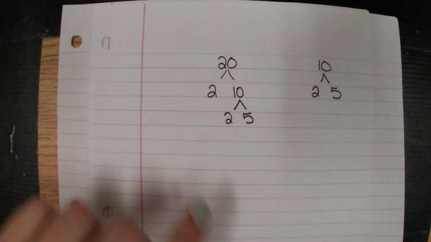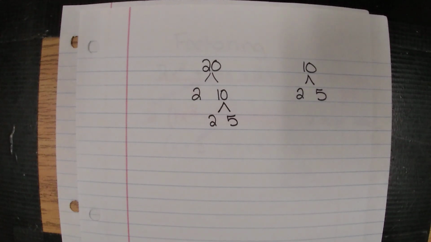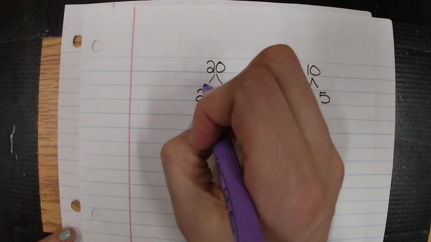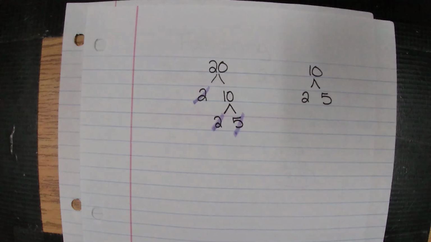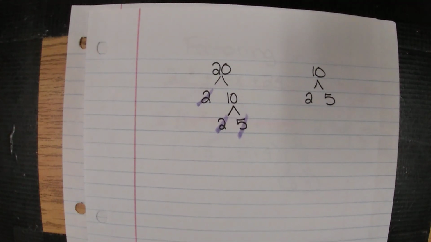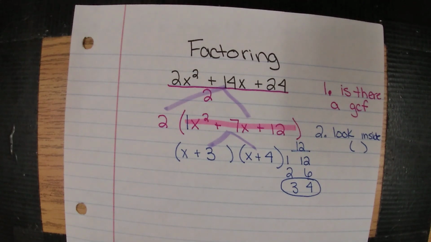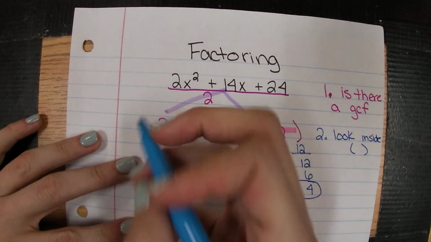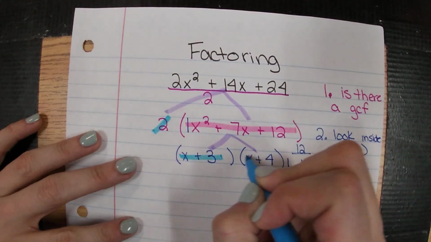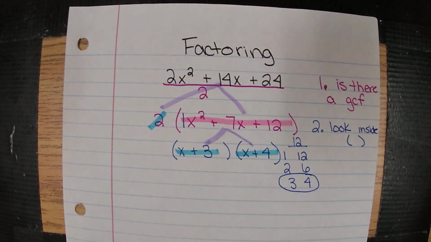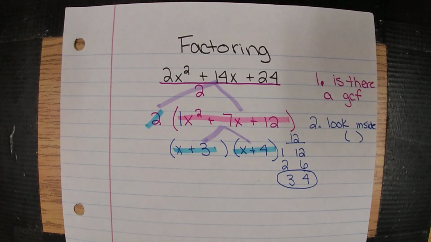Now if I wanted to prime factor the 20 over here, this would prime factor into a 2, a 2, and a 5. We'd use all 3 of those. So that same idea is happening here. We want every piece that we didn't split up. So this piece, this piece, and this piece all count as part of our final answer.